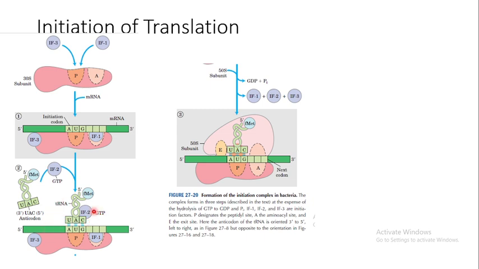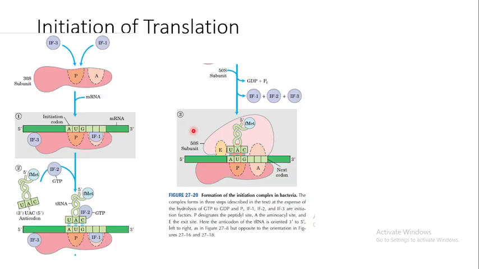Then only when this GTP is hydrolyzed and IF1, 2, 3 are released will that allow the 50S ribosomal subunit to bind with the mRNA and 30S ribosomal subunit, where the aminoacyl tRNA fMet is already at the start codon. So this is the initiation complex in the bacteria.